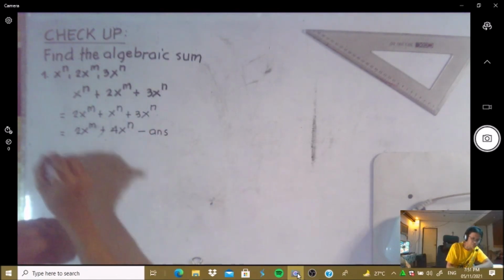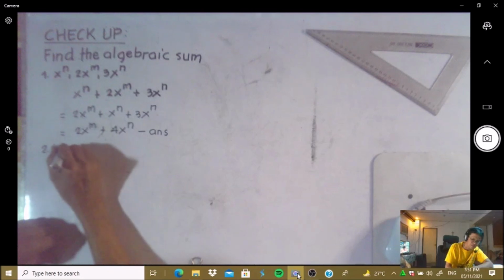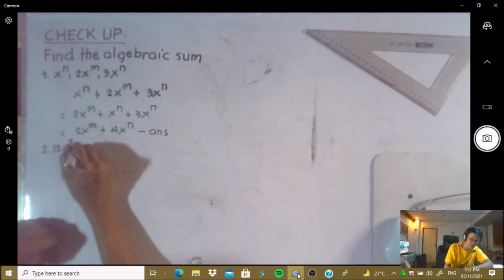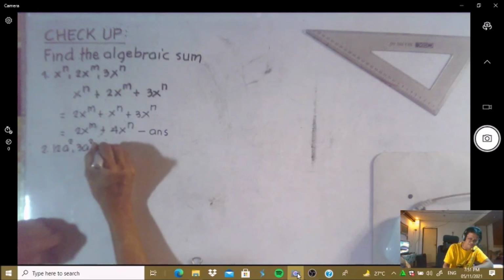For number 2, so we have 12a squared, then 3a squared, then negative 14a squared.